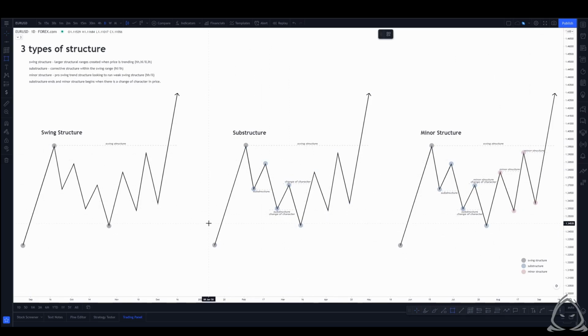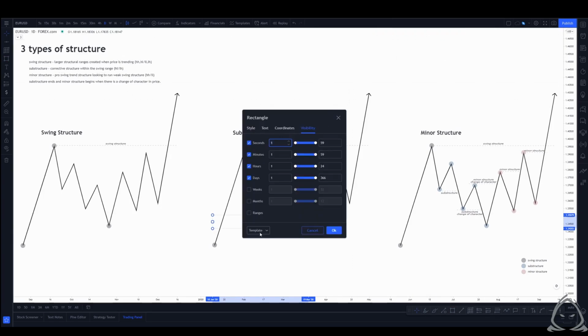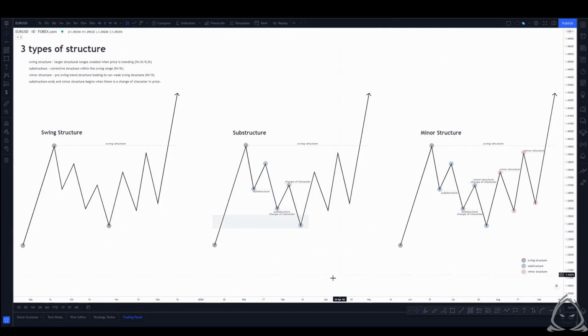And then one other thing that you can also do is start looking at your swing structure legs and start mapping out your demand zones and seeing how demand zones in a bull trend, for instance, line up with your substructure in terms of where price reacts off of, and being able to start identifying when a demand zone is likely to get facilitated.